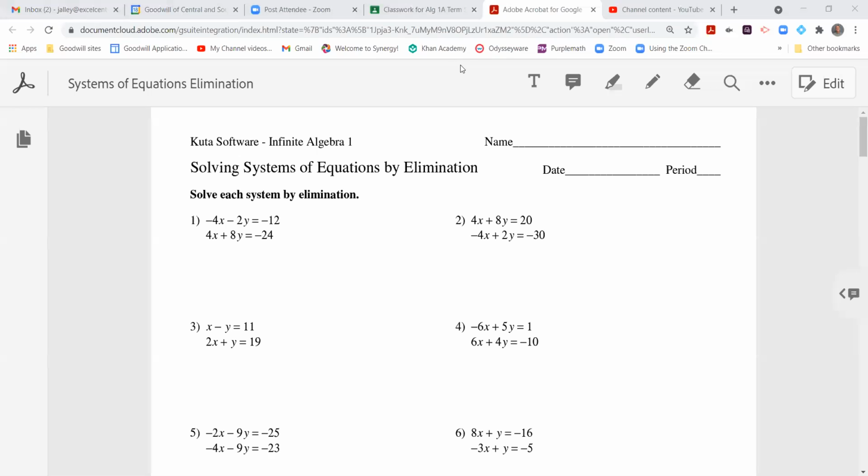Eliminate means to get rid of something. All right? Elimination, for these examples, means we get rid of one of the variables. And the third style is substitution. That's what we're going to spend most of our time on today, is substitution. But we got to do some more elimination problems.